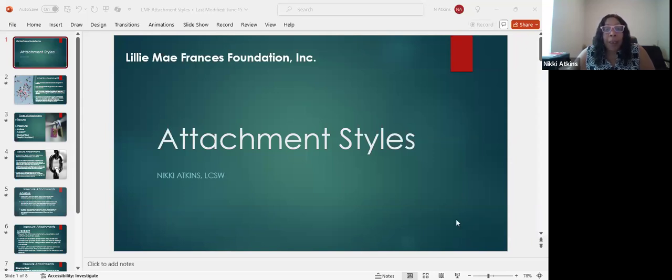So, the types of attachments: secure, insecure. I'm sorry, let me back up. So secure is the one I just described to you, where you have a healthy parent-child relationship. The parent is attentive to the child. The child understands that parent is their safe space.